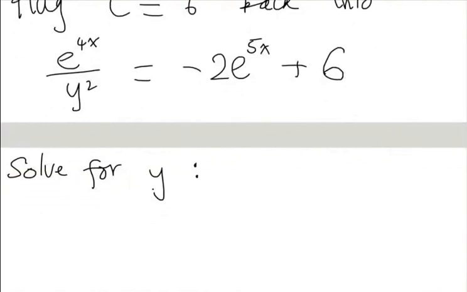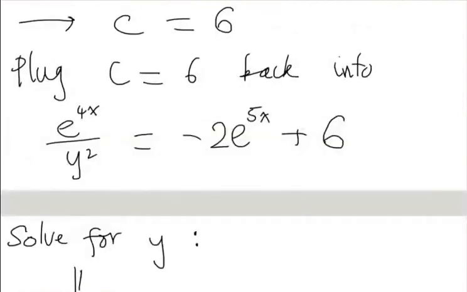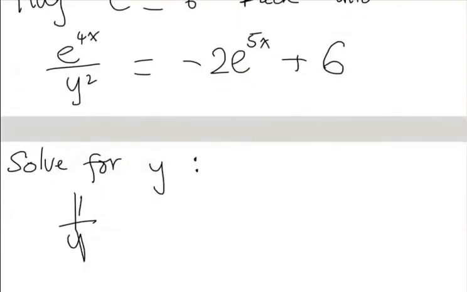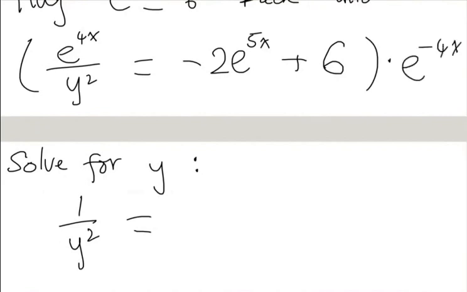Because here we have e to the 4x, we could multiply both sides by e to the negative 4x to get this 1 over y squared on the left hand side. So what I'm doing here is multiplying through by e to the negative 4x, and we need to distribute.